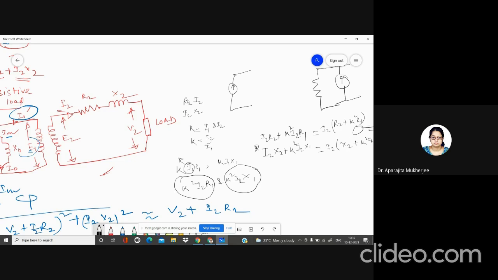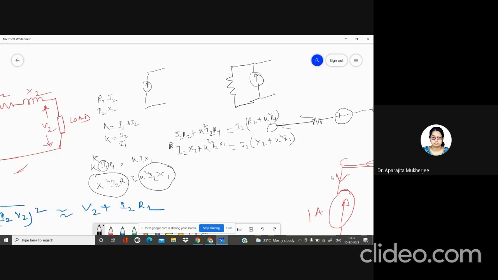Now what will be the total expression referred to the secondary? The secondary resistive and reactive drop will be there, but some form of the primary will be considered also. The expression is K square I2 R1 for the resistive case, and for the reactive case it is K square I2 X1.